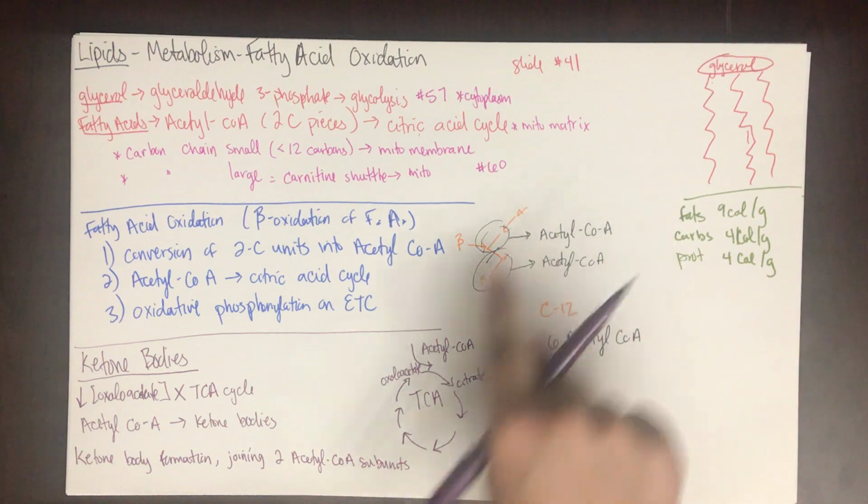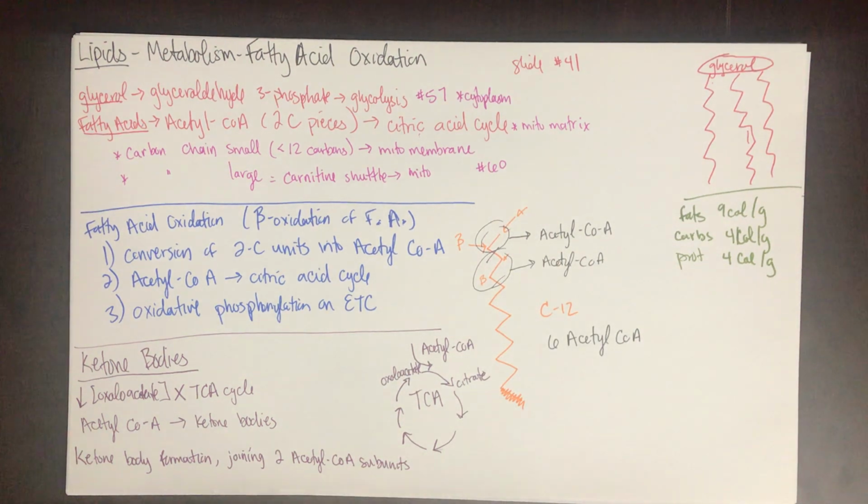So we would take two of these acetyl-CoA subunits that we had broken apart from fatty acid oxidation and form a ketone body. So the production of ketone bodies increases during starvation, where we're using mainly stored fat for fuel. This happens in our liver, and our organs can use ketone bodies as fuel, especially our brain.